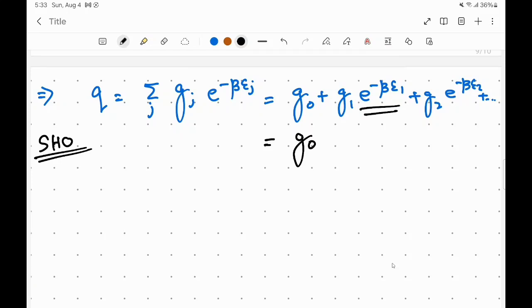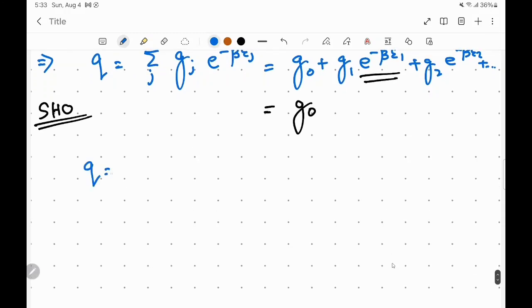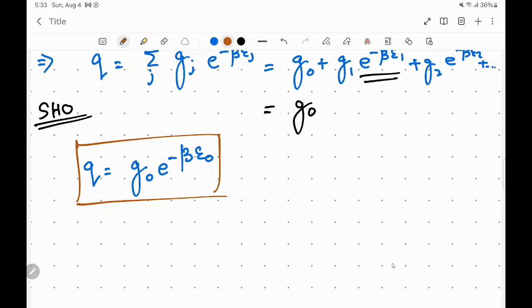But originally the formula will be G0 into e to the power minus beta epsilon 0. So the correct answer is this, because you don't know whether the ground state energy will be 0 or not. If it is 0, then it will be G0 eventually. But if it is not 0, then you have to consider that value too.